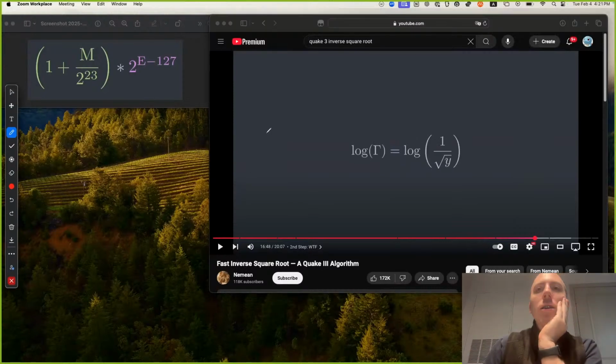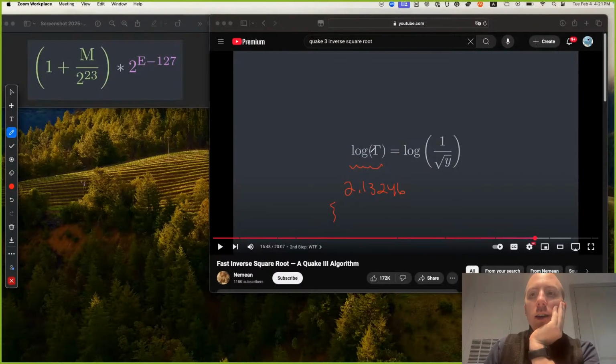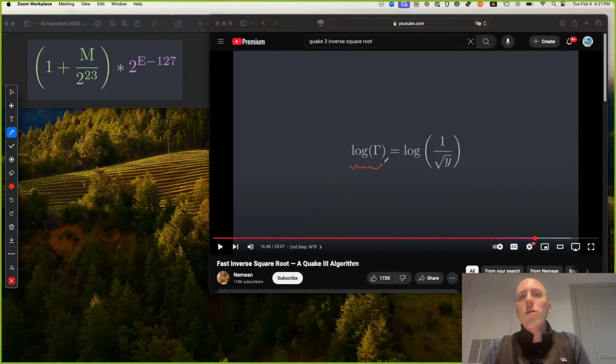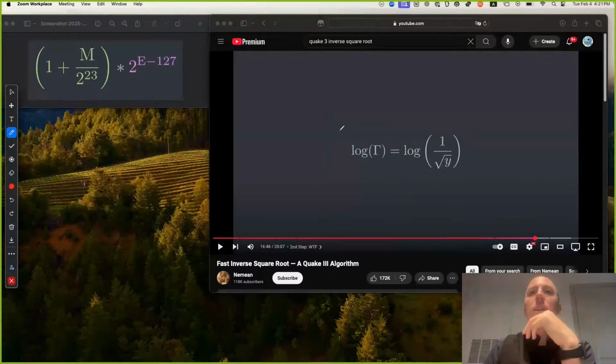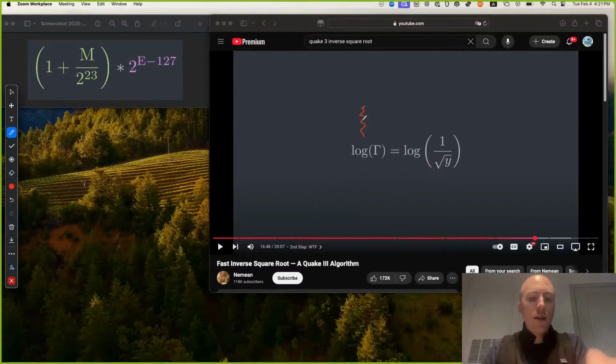Yeah, I kind of thought that we would go straight to computing a number. It would be like, this is 2.13246 or something, and then we would have to work with this. But we actually are still in math space, or algebraic space, where we just said, all right, let's take the log of this because we know we have this mathematical expansion for log, which we can expand.